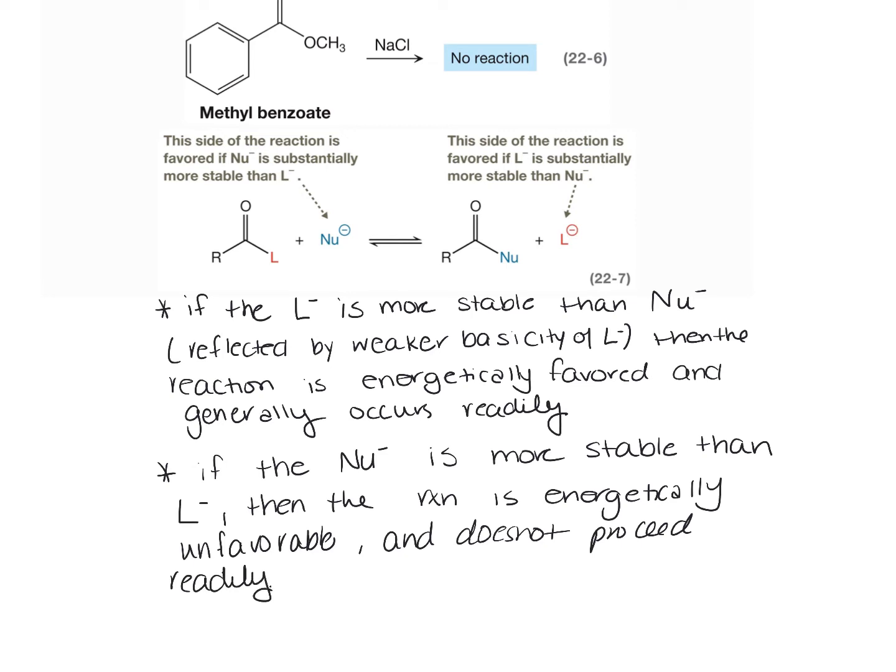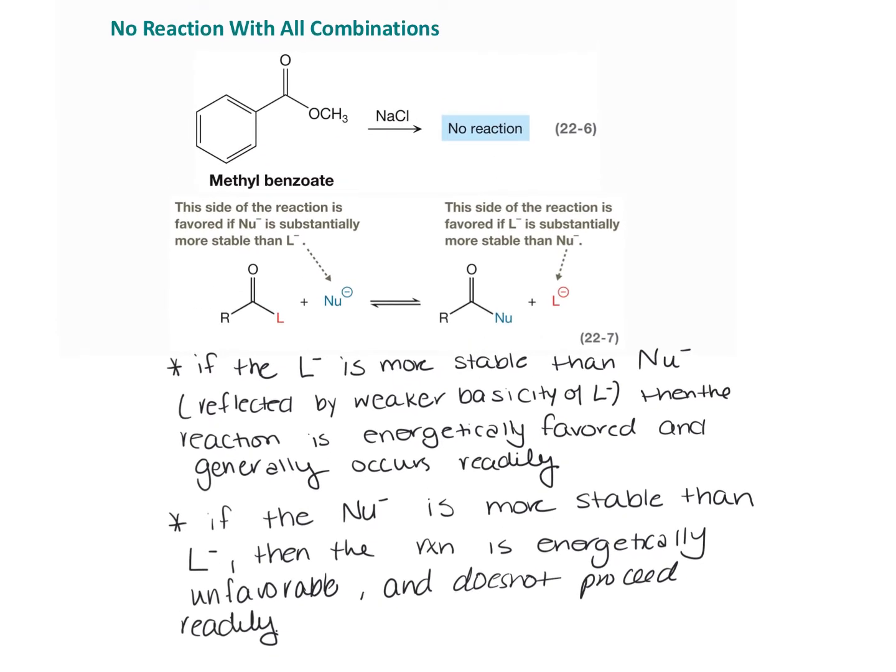Okay, and so this is the case, and what we're seeing there is the case up here, right? In this case, where the nucleophile is Cl minus, and the leaving group there is OCH3. So what's happening here is Cl minus is a lot more stable than OCH3. So there's no reason for it to react.